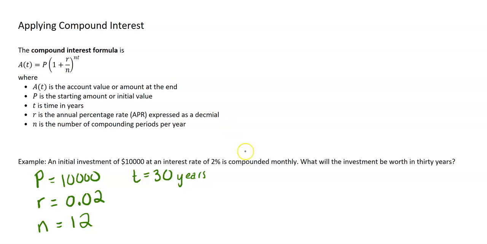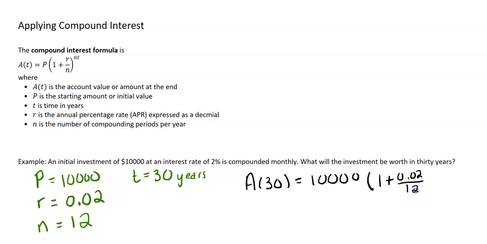So, A of 30 equals 10,000 times (1 plus 0.02 over 12) to the 12 times 30. Alright, so here's where WebAssign is going to get picky with you. I would suggest typing all of this into a calculator at once in order to get the correct answer.